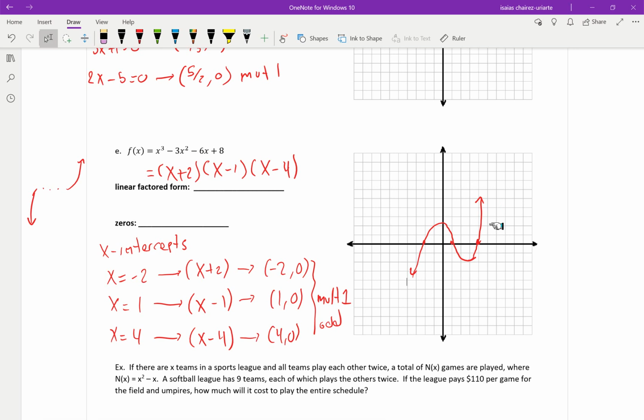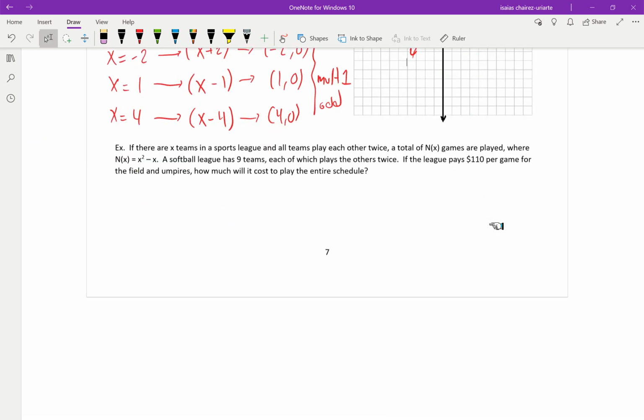Okay, last question in this section. Let's read it. I'll give you a second to try it on your own, and then let's answer this together. There are x teams in some sports league, and all teams play each other twice. A total of n of x games are played, where n of x is x squared minus x.